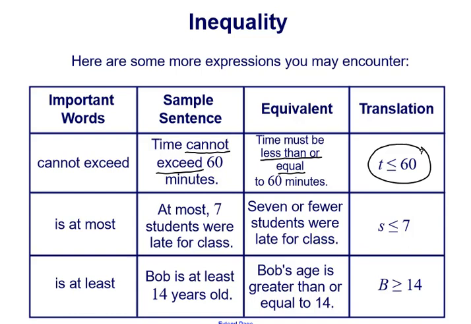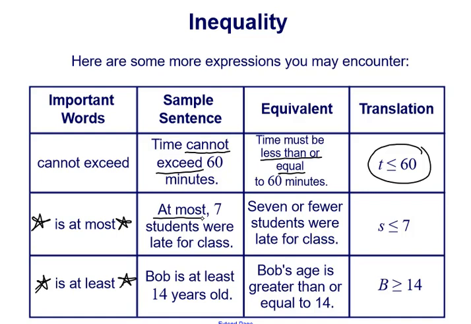So now we have "is at most." I'm going to tell you the last two here, "is at most" and "is at least," come up a lot in inequalities. So it's really important to know which inequality symbol we're going to use when comparing with these words. So for "is at most," let's use the example, at most, 7 students were late for class. So you want to think 7 students could be late for class, all 7 of them. But maybe 6 or 5 or 4, 3 or 2 or 1.